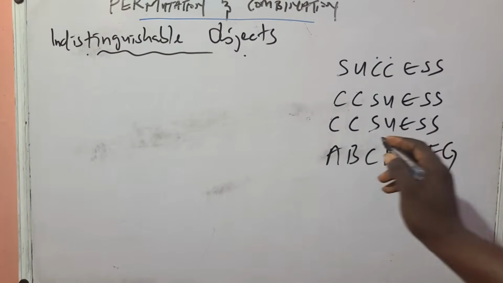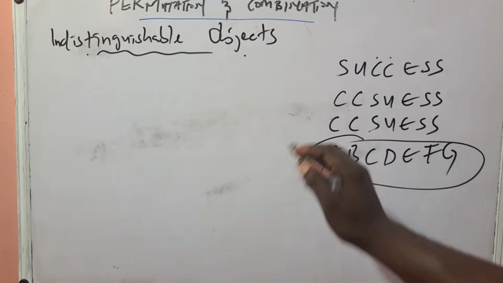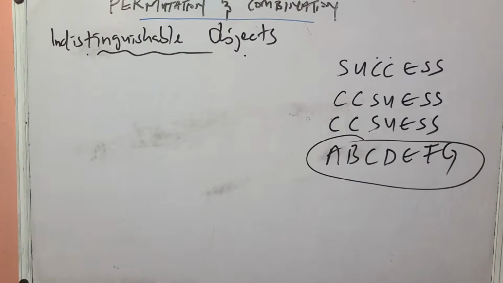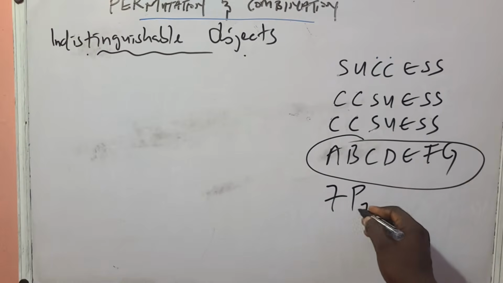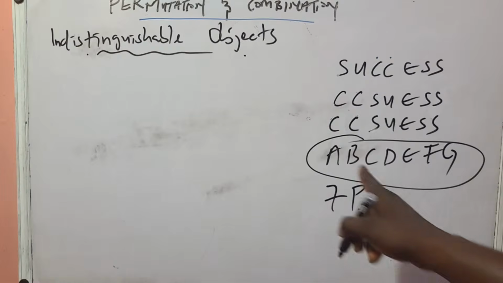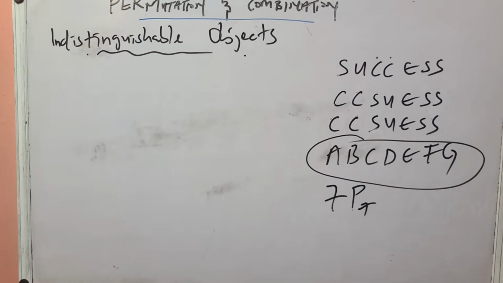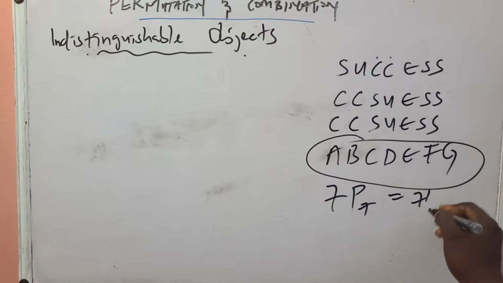If I asked you how many different ways can you arrange these 7 different objects? Of course, based on what we explained yesterday, that means how many different arrangements can we have? That means we have 7 objects, and we are arranging the 7 of them. We're not told to arrange just 6 or 5 or 6 on 2. We're told to arrange the whole 7. That means we have 7 objects, we are arranging 7, which is the same thing as 7 factorial.